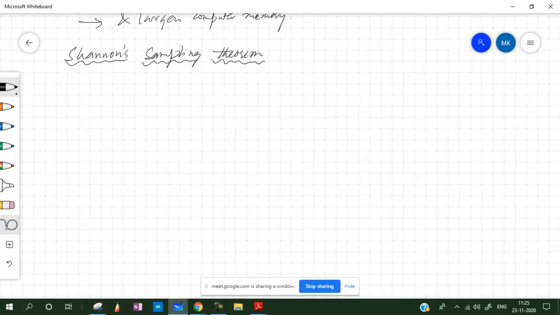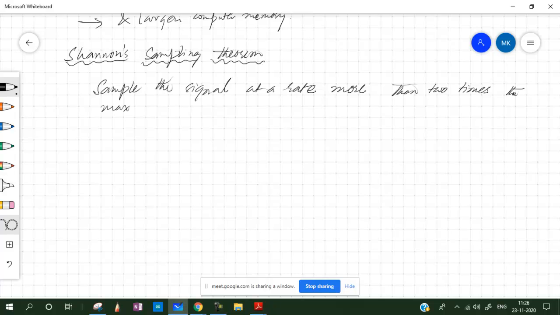The theorem says: sample the signal at a rate, and frequency here would mean the same thing because it's time dependent, more than 2 times the maximum frequency components in the signal.